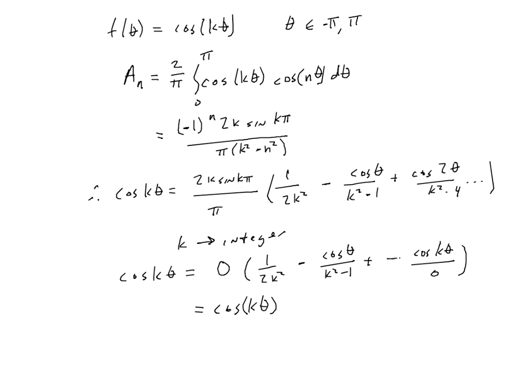Because effectively, from small angle approximation, sine of k theta, if you get it small enough, is going to basically become just k theta, or k pi, and you're going to have essentially a k squared term here, and a k squared term in the denominator, so they cancel out, and everything works out fine. So you can kind of prove that this is itself, which I don't know how useful that is, but at least it shows we're consistent.